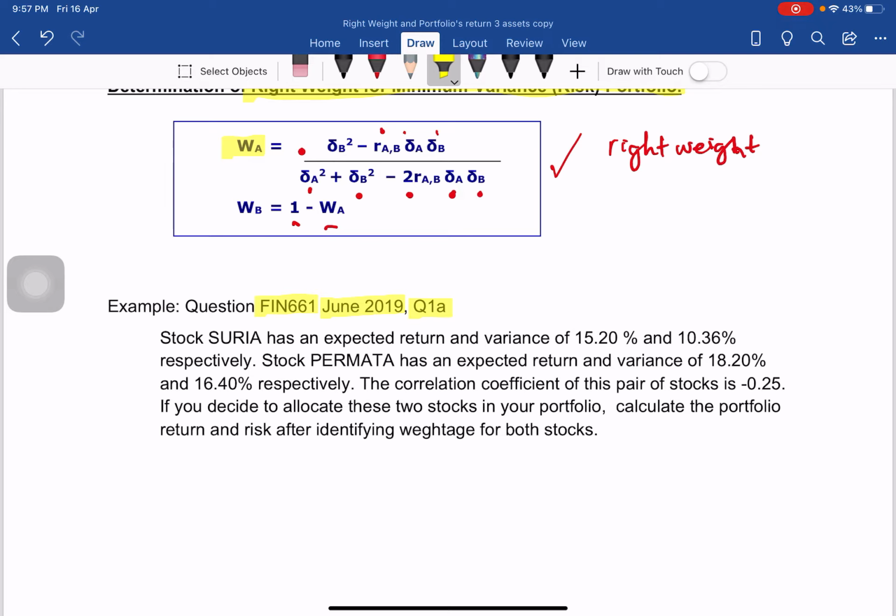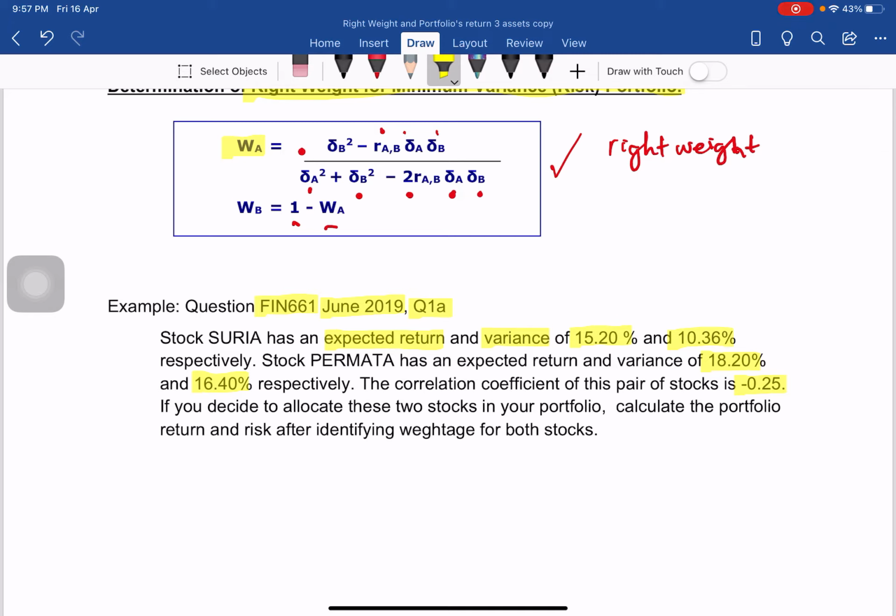Given the stock Surya has an expected return and variance of 15.2% and 10.36% respectively, while stock Permata has an expected return and variance of 18.2% and 16.4% respectively. The correlation coefficient of this pair of stocks is negative 0.25. So the correlation is given.